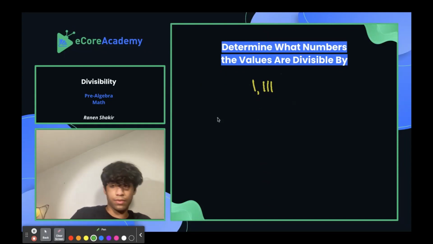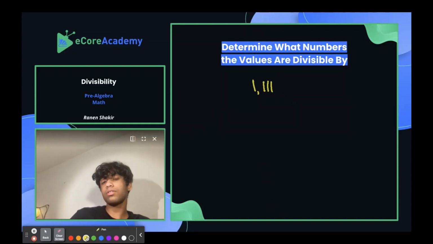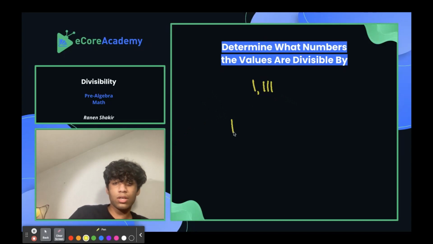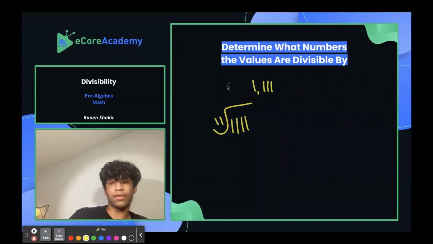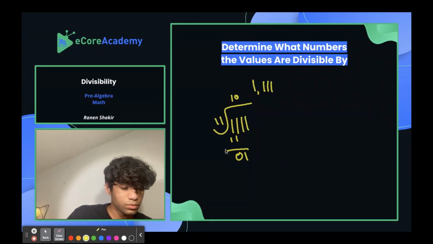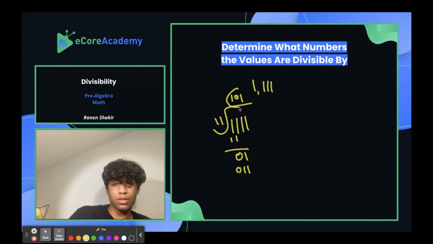Let's figure out for 11. Now, you're probably thinking, I didn't learn this rule. Well, that's okay. So let's take our number, 1,111. Let's divide it by 11. Let's see, you get 1, so this would be 11, and you get 0, and you bring in the 1, this would be 0, and then this would be 1 again, so 0, 1, and you bring in the other 1, this would be 11, so 101.